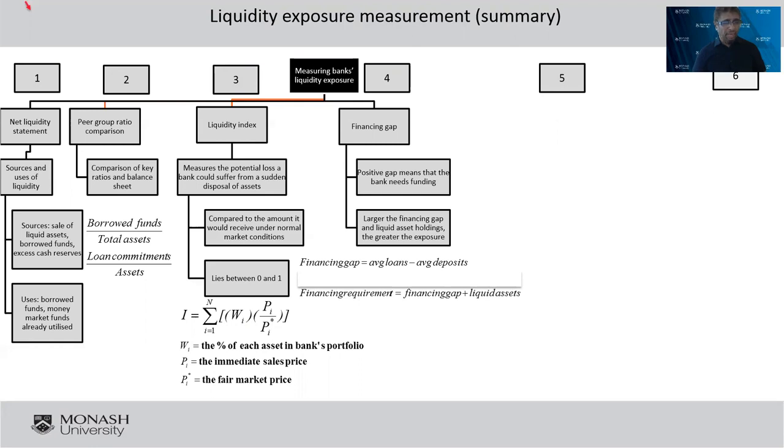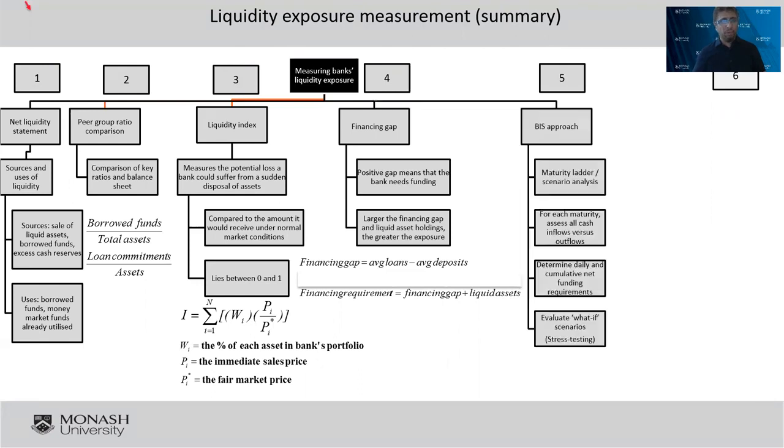We have to have liquid assets and cash, and this has to be involved in the financing requirements. So we have to calculate the financing gap, add to it these liquid assets, and that will represent the total amount we need. So the difference between the deposits and the loans, plus the cash we need.